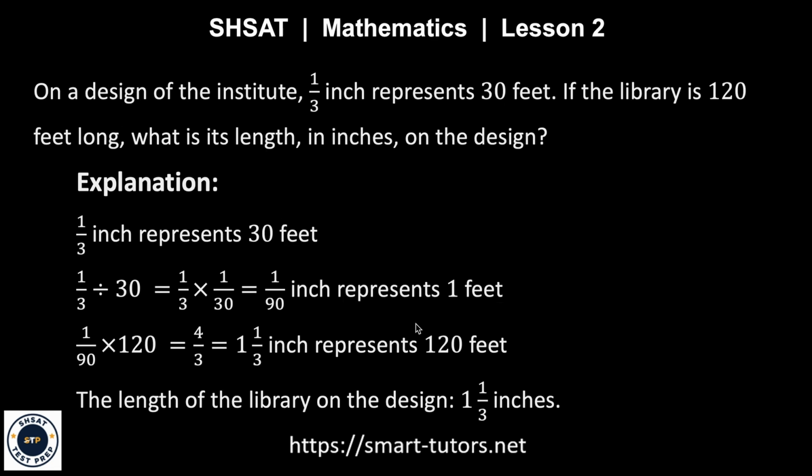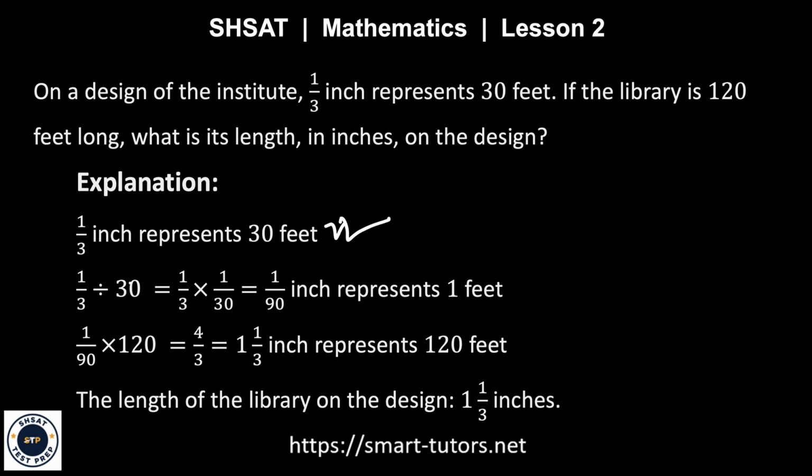So there is another example here. You could try by yourself to make sure that you get it. So on a design of an institute, 1/3 inch represents 30 feet. If the library is 120 feet long, what is its length in inches on the design? So what you could do here: 1/3 inch represents 30 feet, right? So if you divide that by 30, then you'll see how much represents 1 foot. That gives you 1/90.